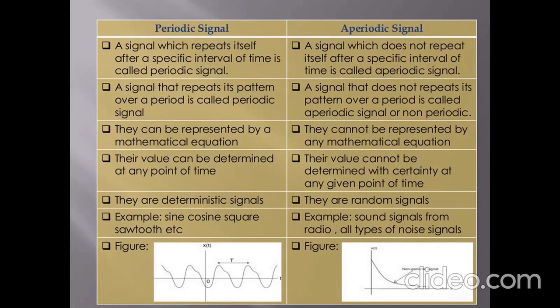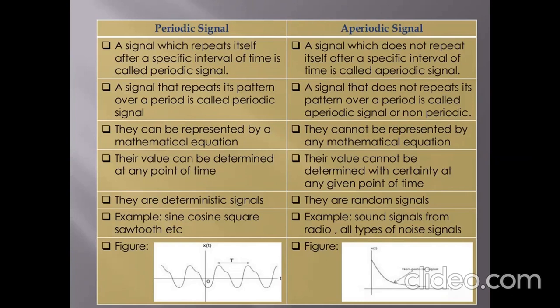Now, again, some points are given for comparison. A periodic signal is a signal that repeats its pattern over a period. An aperiodic signal, or non-periodic signal, does not repeat its pattern over a period.